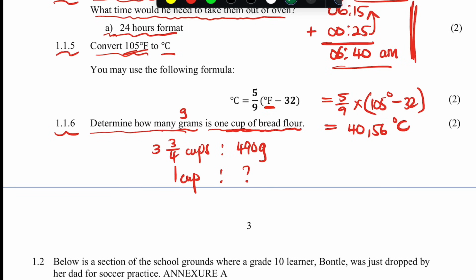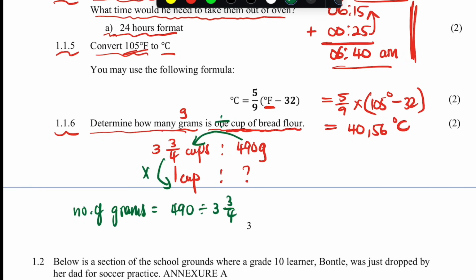Now we want to know how many grams will be 1 cup of that. So what we do, anti-clockwise, we divide and we times. So the number of grams, you say 490 divided by 3 3/4. Guys, you put it like that in the calculator. In your scientific calculator you have the fraction blocks like that.